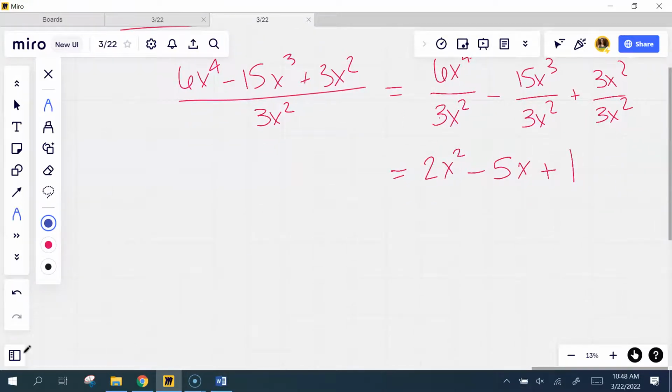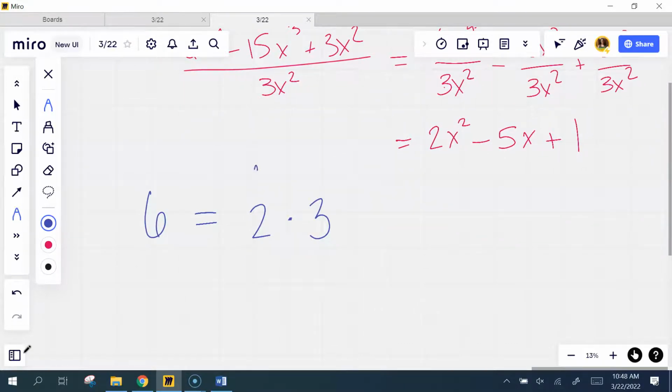In other words, if I told you that 6 was the same thing as 2 times 3, 2 and 3 are both factors of 6. Agree with that? Okay. And I'm going to relate this back to polynomials in just a minute.